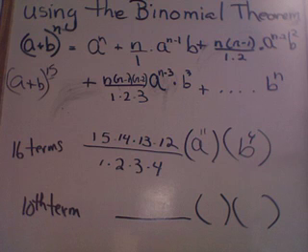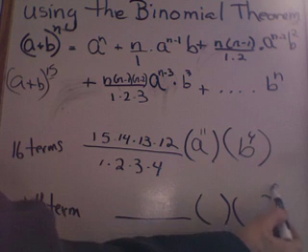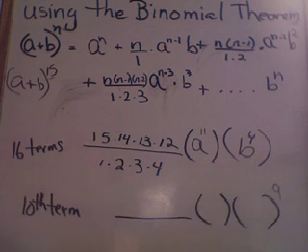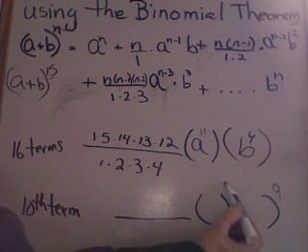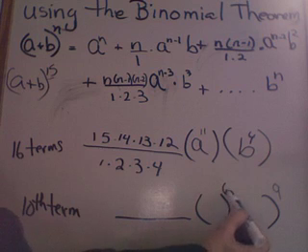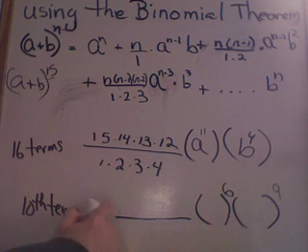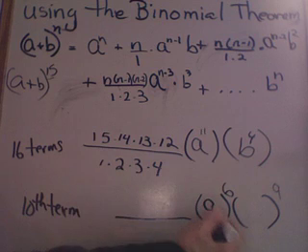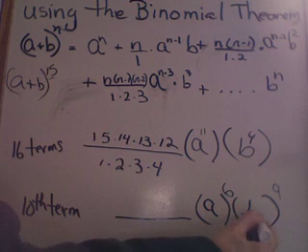Now, if I want the 10th term, this exponent is going to be 1 less than that. So it's going to be 9. What do my exponents have to add up to? 15. So what would this be? A 6. All right. What goes here is the a. What goes here is the b.